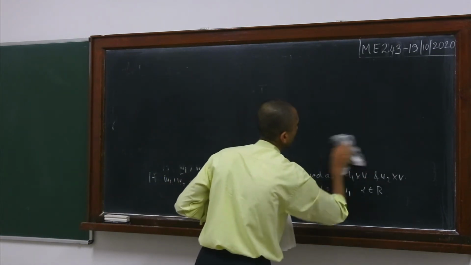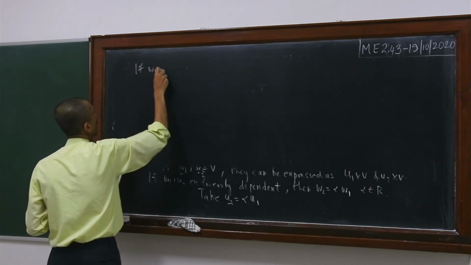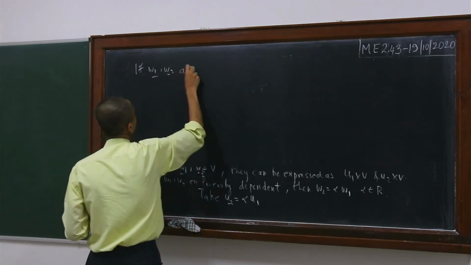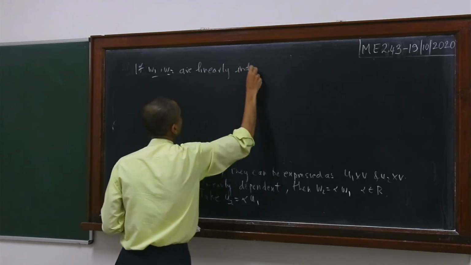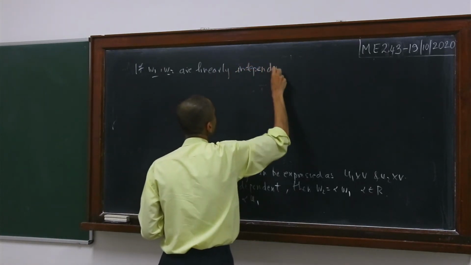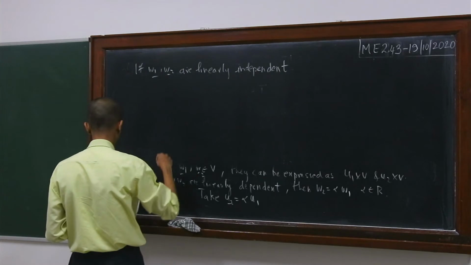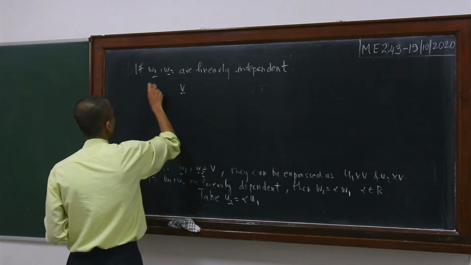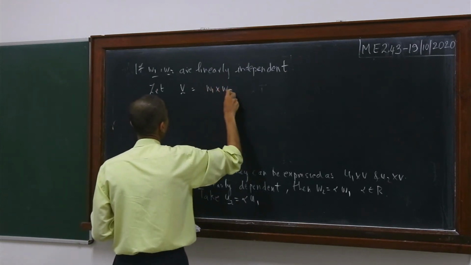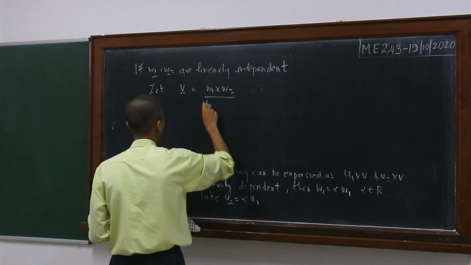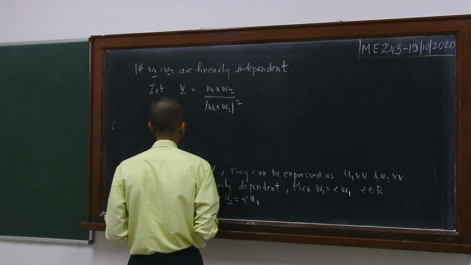If W1, W2 are linearly independent, then let V be equal to W1 cross W2 divided by norm of W1 cross W2 squared.